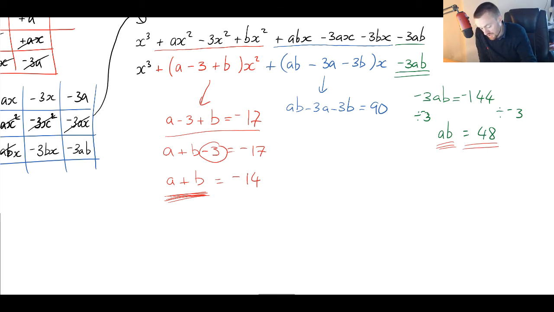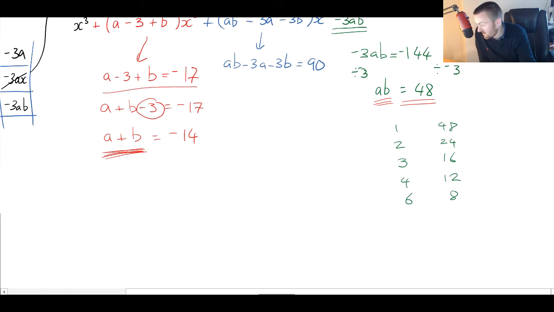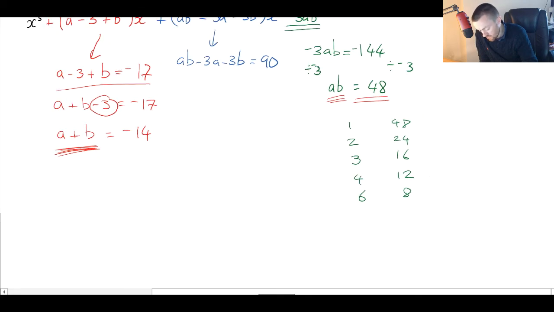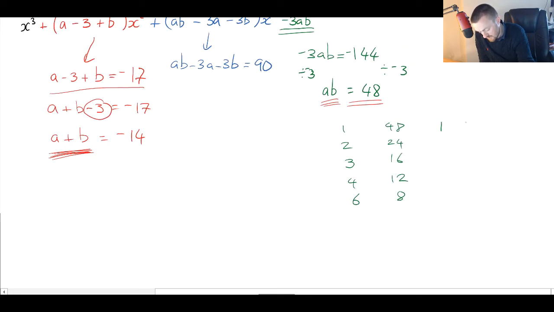So if you want, you could list the factors of 48. You could have 1 and 48. You could have 2 and 24. You could have 3 and 16. You could have 4 and 12. Or you could have 6 and 8. However, remember that when I multiply two negatives together, I also get a positive.